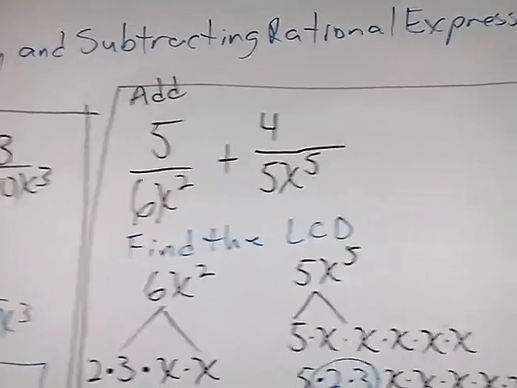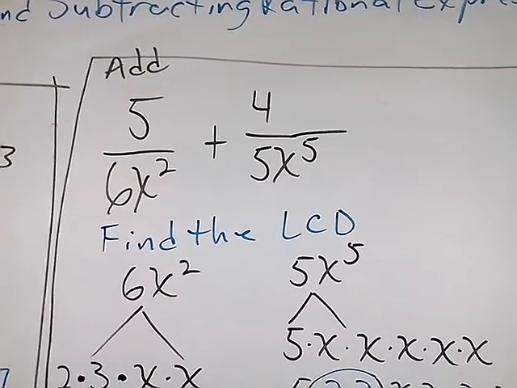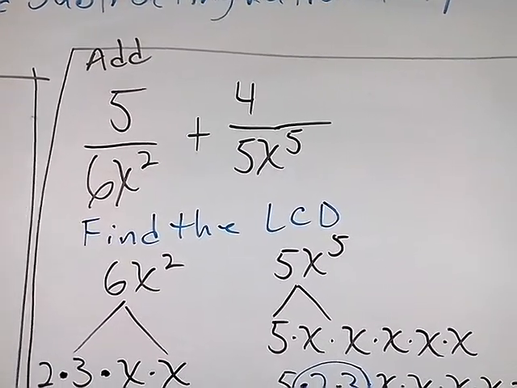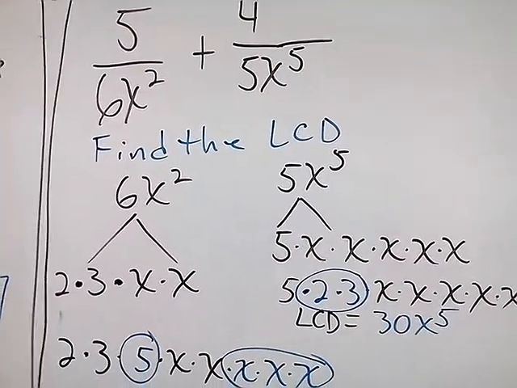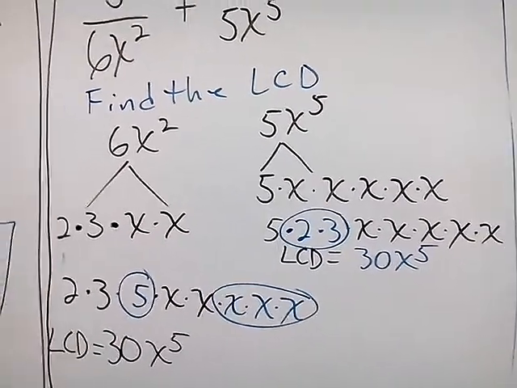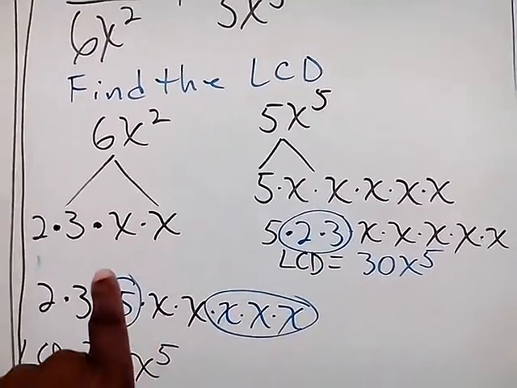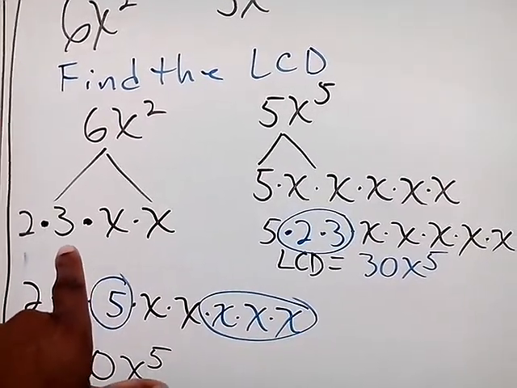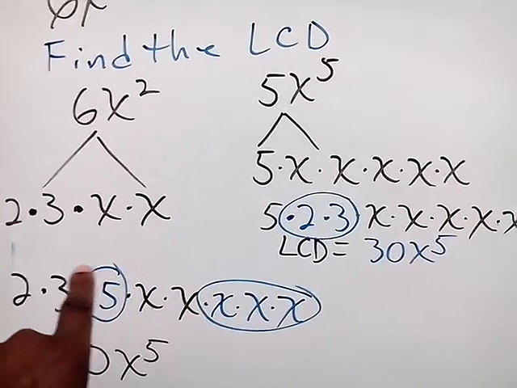In our next example here, we have 5 over 6x squared plus 4 over 5x to the fifth power. Again, finding the common denominator is similar. We factor both the denominators to their primes. And we look at what is not in the particular denominators that is in the other denominator.